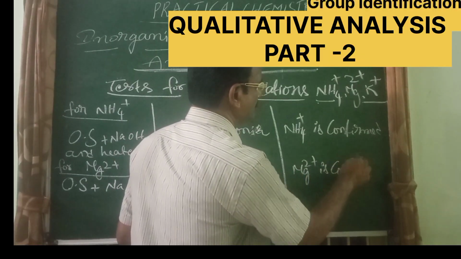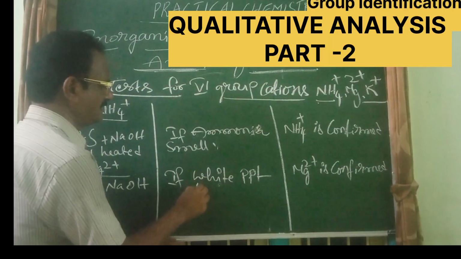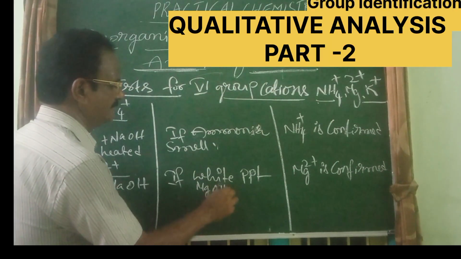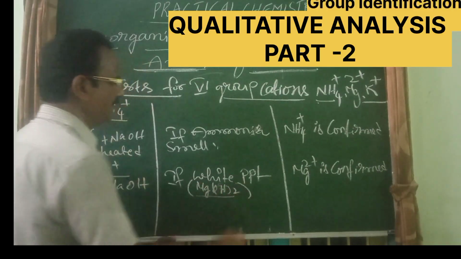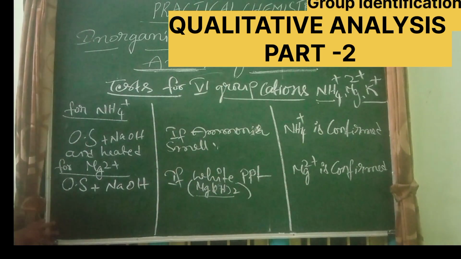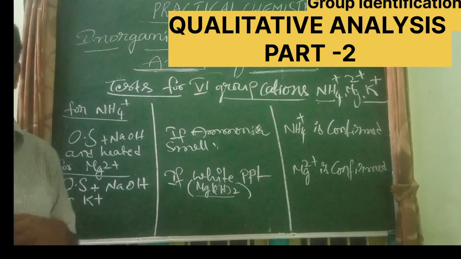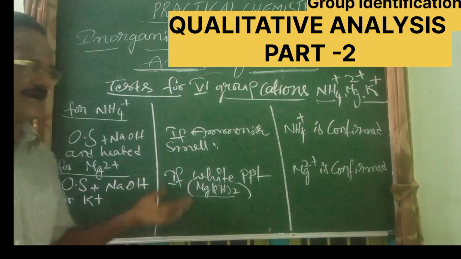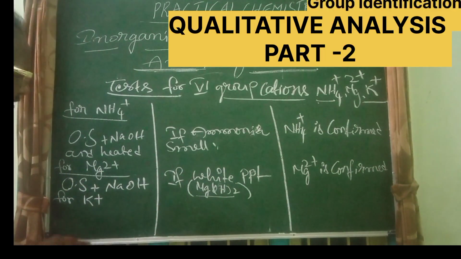The name of that precipitate is magnesium hydroxide. Is it clear? For K+, if ammonium is not there, then you test for Mg2+. If Mg2+ also is not there, then you proceed for K+. Keep in mind.